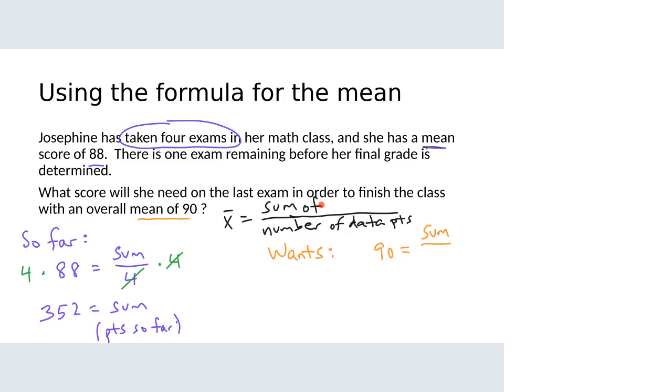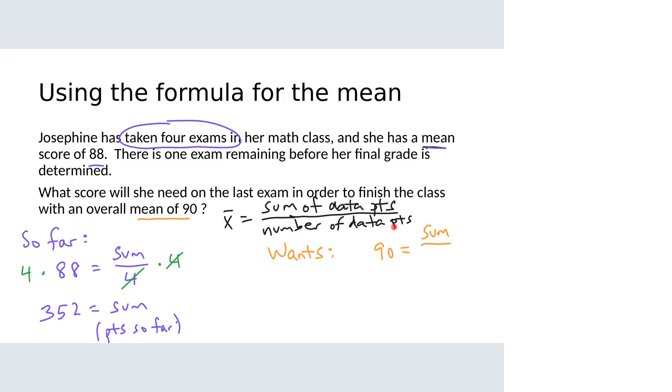All right, we got a couple of different options here. In this calculation over here, her mean was found by taking how many points she earned and dividing by 4, because she's taken 4 exams.